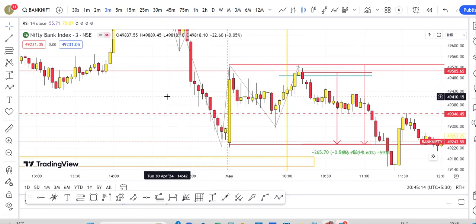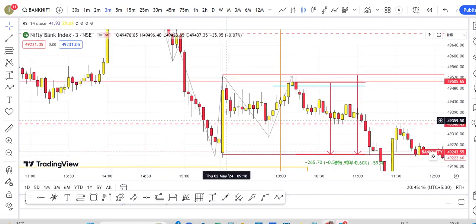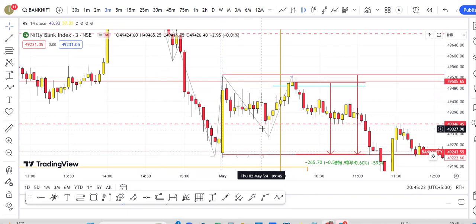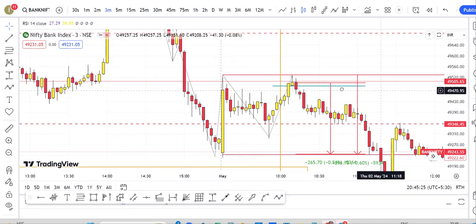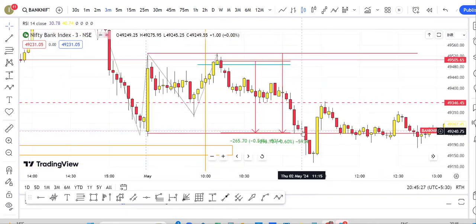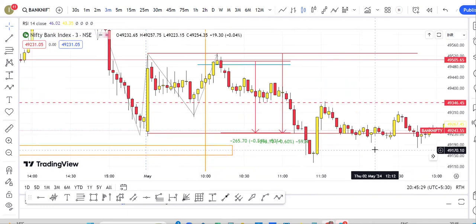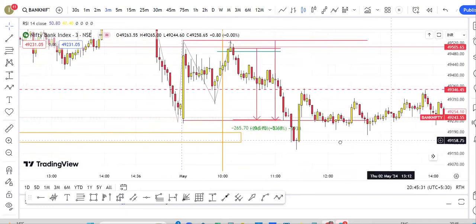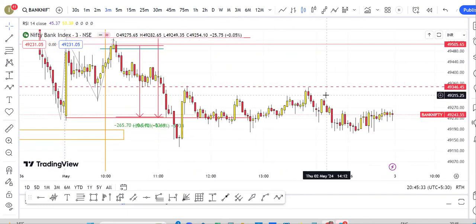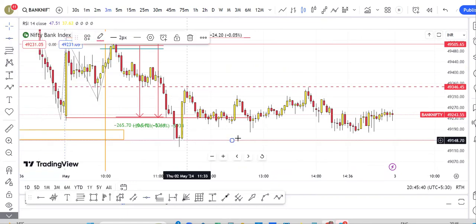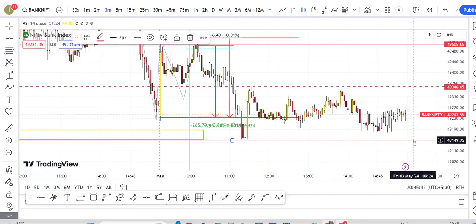When the first 3-minute candle is so huge, then you should understand this is an institutional candle. Institutional people will manage the price within this range only. They have managed the price within this range till 11:15. See how the price has gone sideways, and only it was able to come down this much. So on this type of day, better avoid.